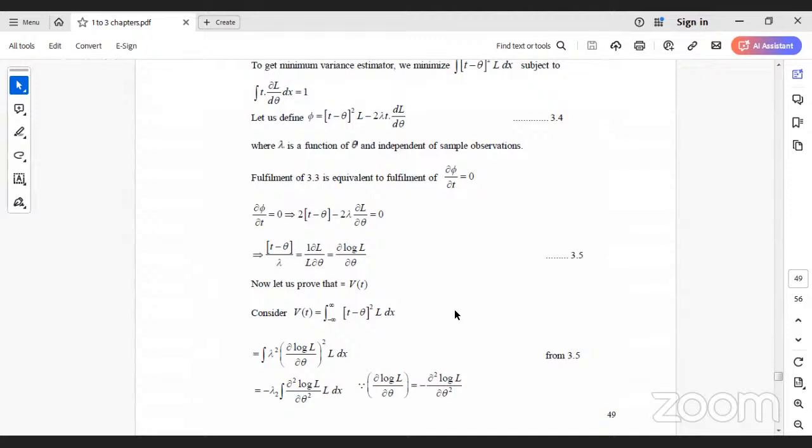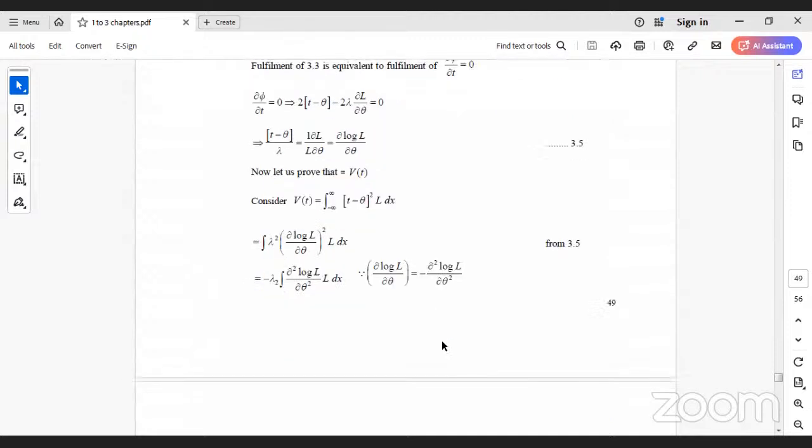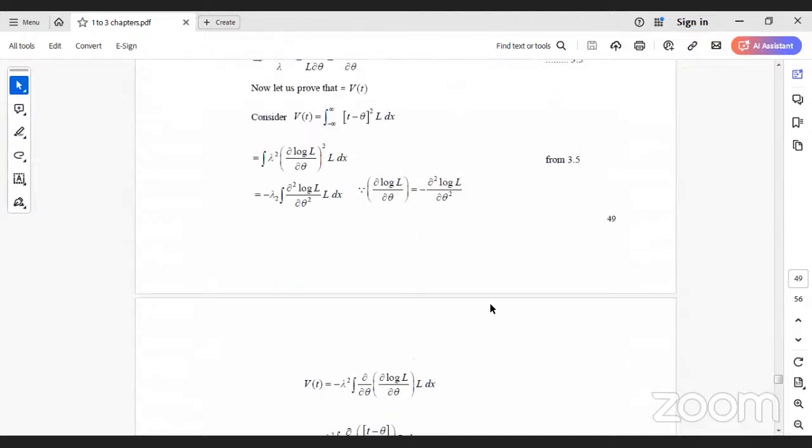Taking lambda common, we simplify this to minus lambda square integration of dou by dou theta of (dou log L by dou theta) L dx.